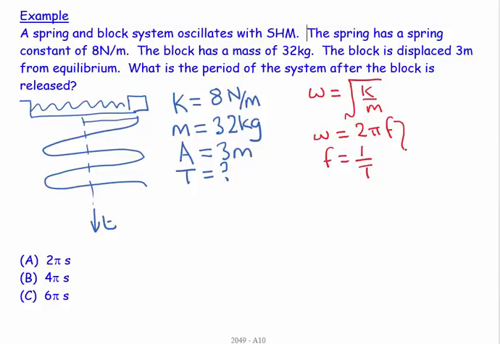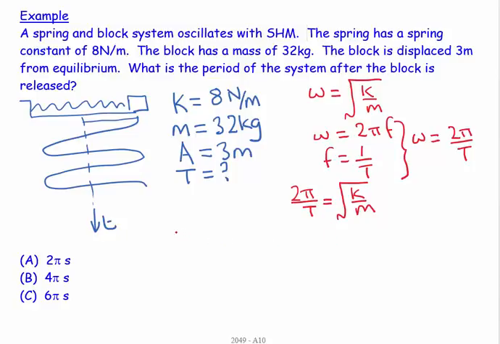If I put these two together, I get that omega is equal to 2 pi over the period. Well, if I take this first omega and this omega, I can easily see that 2 pi over T is equal to the square root of k over m.